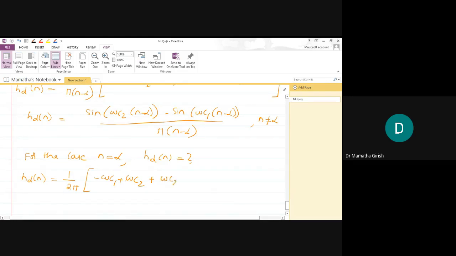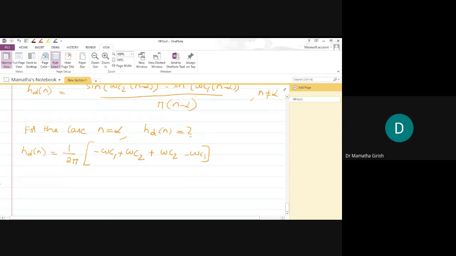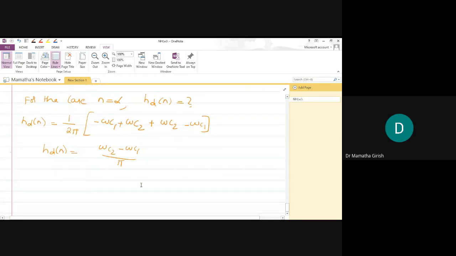Accordingly, I get omega c2 minus omega c1. So the value of hd of n in this case turns out to be omega c2 minus omega c1 divided by pi, because the common factor 2 in the numerator and denominator gets cancelled.